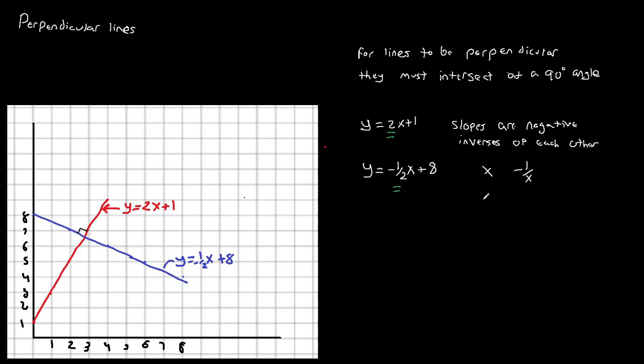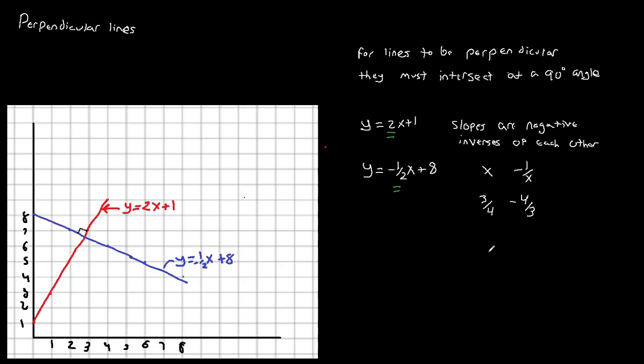The negative inverse of 3/4 would be negative 4/3, and vice versa. Now the minus sign can go on either side, right? Negative x's inverse would be 1 over x, negative 3/4 inverse would be 4/3. But again, the idea is that they're negative inverses of each other.